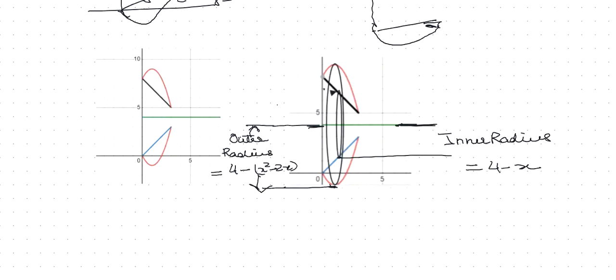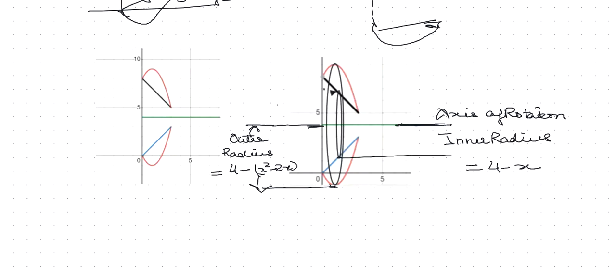Inner radius is the distance from the axis of rotation, which is this, to the inner edge of the ring. And the same way, outer radius is the distance from the axis of rotation to the outer edge of the ring.